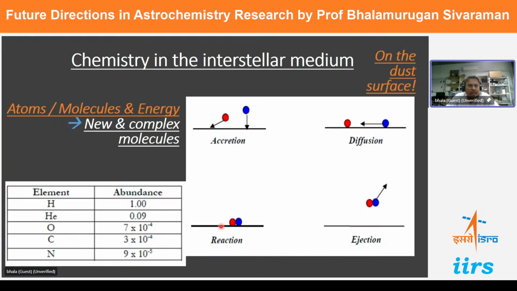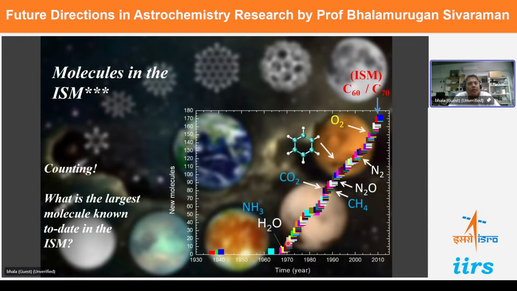So how can the chemistry happen if it is not a molecule, rather it's an atom? Then these are the processes that can initiate the chemistry. You see, two atoms can accrete, and they can diffuse, they react, and then they can go off the surface. Whatever it is, the dust is very, very important.